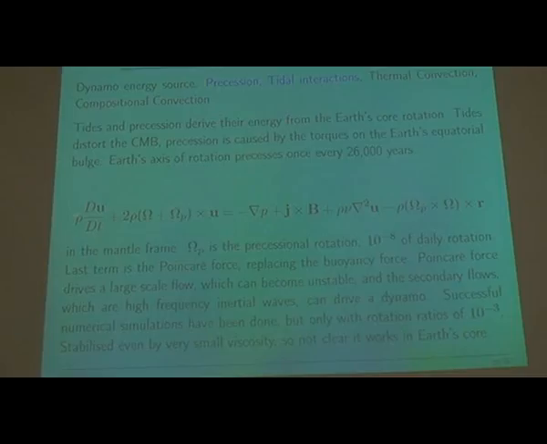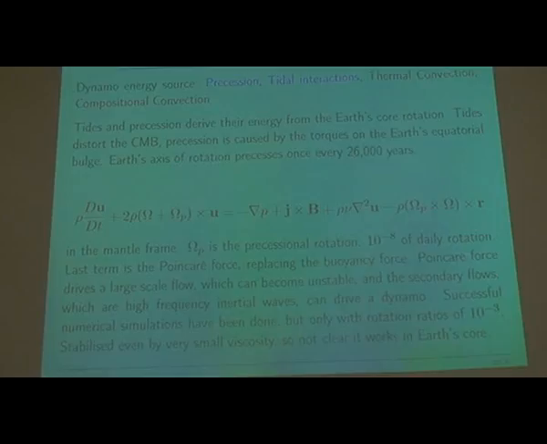If you're going to pursue a precession theory, then you write down the equation of motion like that. So that's the Coriolis term, and since omega p is very small, because the precession axis of the Earth precesses only around once every 26,000 years, this is very small compared to that. So the important term is this, and that's the source term, and that's the thing which corresponds to the buoyancy term.